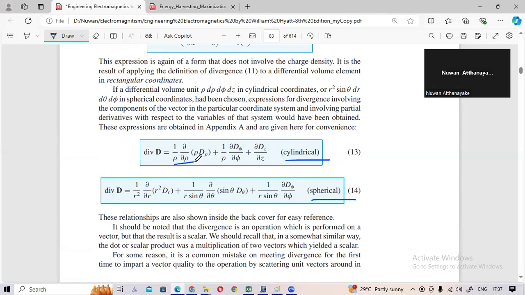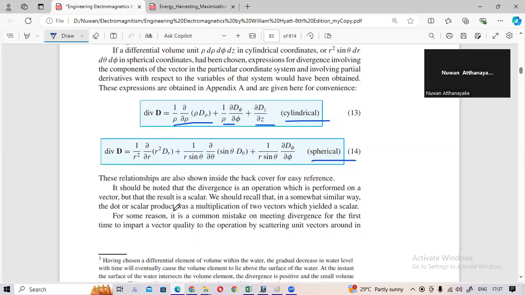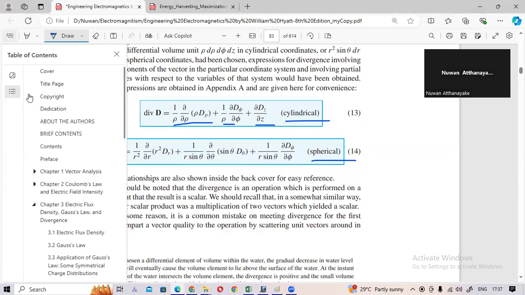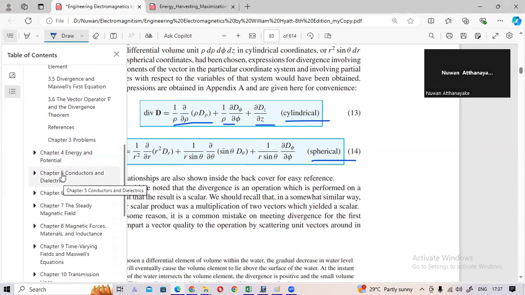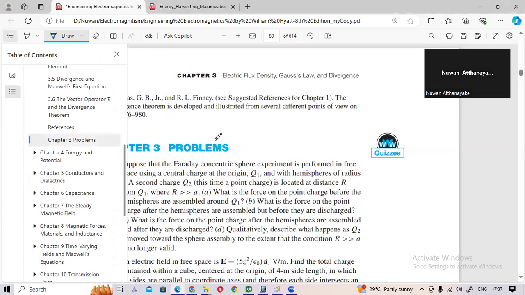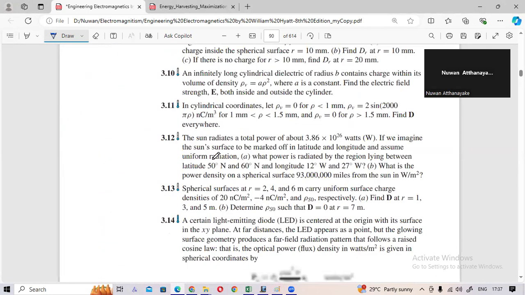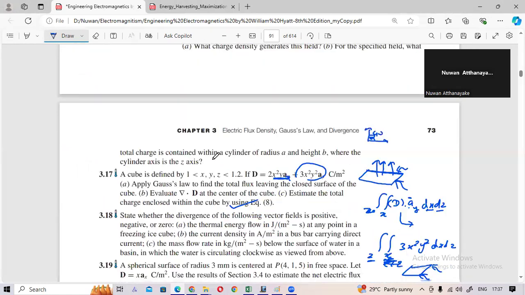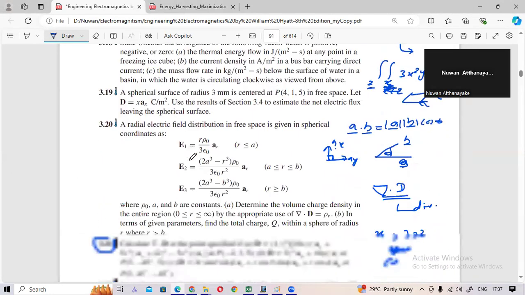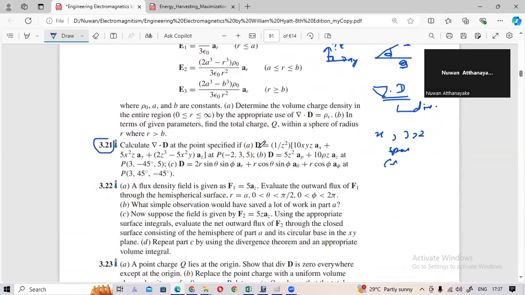The cylindrical and spherical coordinates have some other parts also. As I can remember, we have done this.